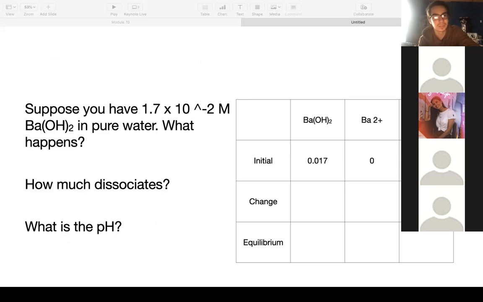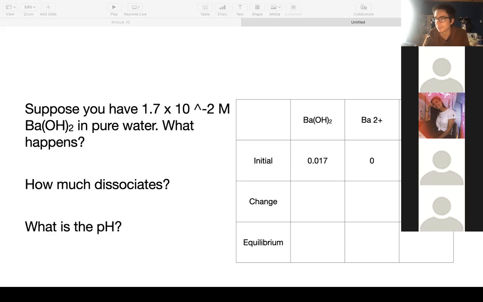So this next slide tells us, suppose we have 1.7 times 10 to the negative 2 molar of barium hydroxide in pure water. So what's going to happen? It tells us how much it will dissociate and what is the pH. So we know barium hydroxide, we see OH, we know it's going to become more basic.